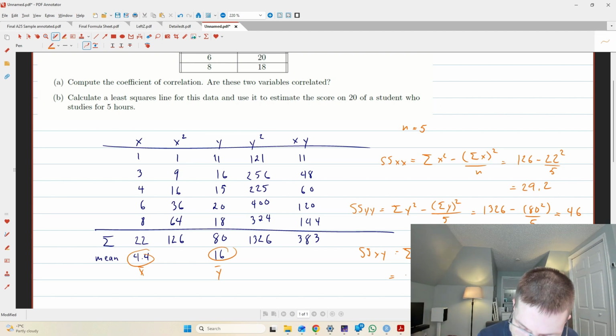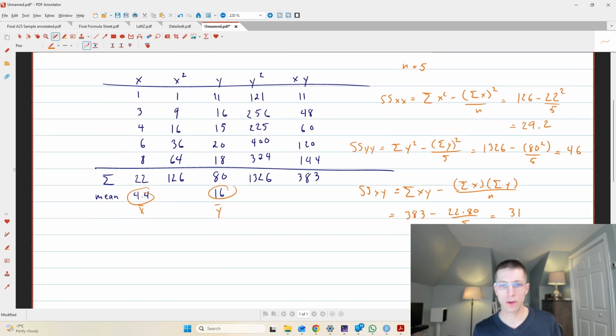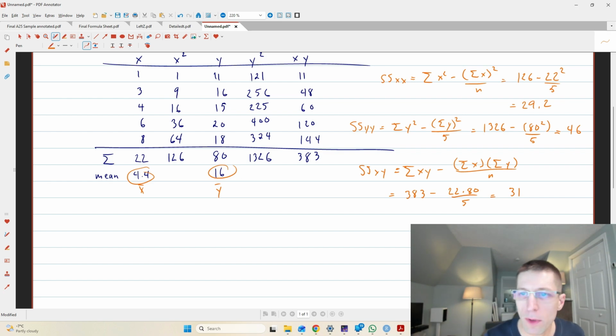So my xy's came out to add up to 383, minus my sum of my x's was 22 times 80 over 5, and that should work out to 31. Okay, that's the computation part, and that already took me almost 8 minutes, but let's see where are we at.